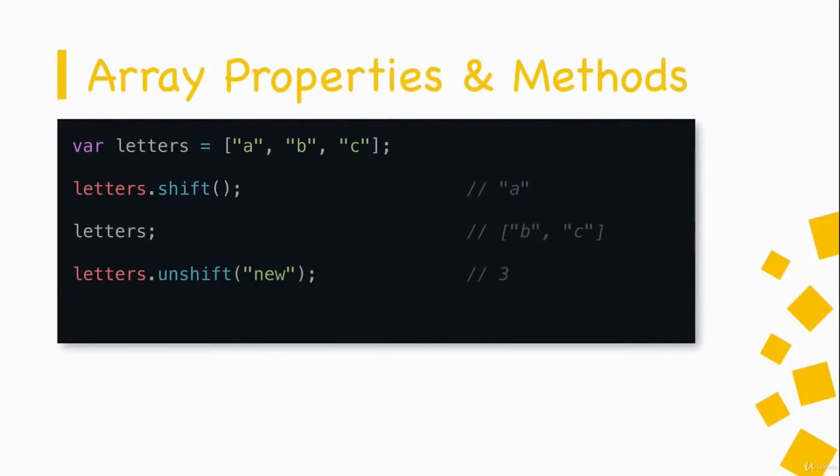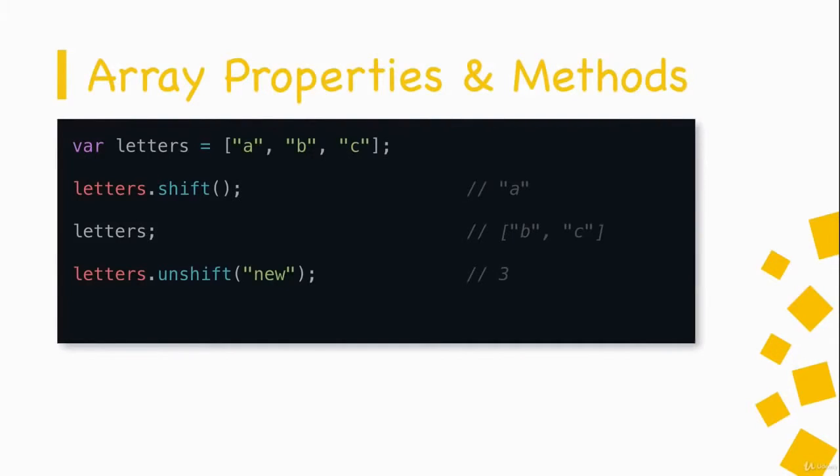Now the opposite of the shift method is the unshift method. Makes sense, right? The unshift method can be used to add a new item at the start of the array. So letters.unshift, and of course because you're adding a new item, you need to specify what that item is inside the parentheses as a parameter. So in this case we want the new item to be the string new.